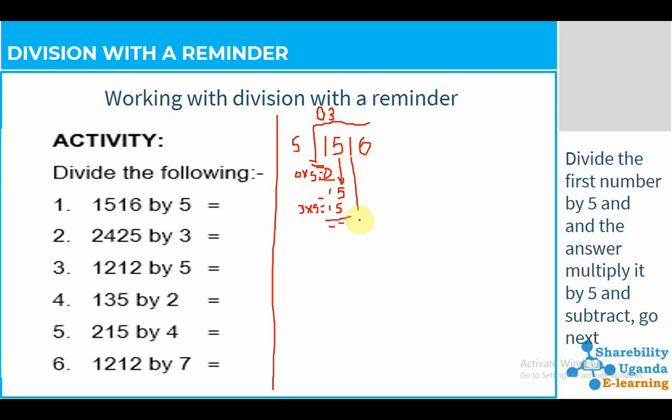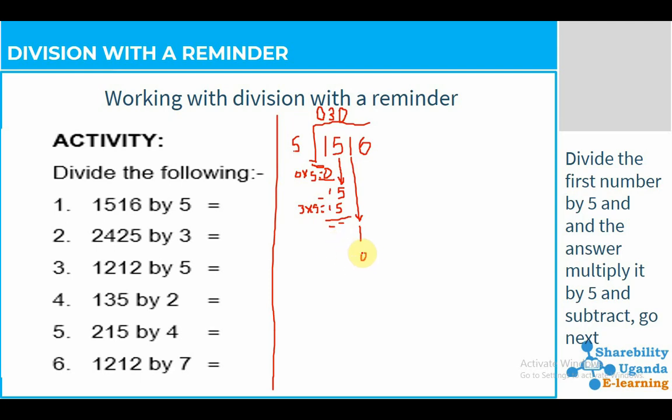We bring this 1 here to this side. We are remaining with our 1. So we say 1 divided by 5. Of course, this is impossible. We write a 0. After writing a 0, we say 0 times 5, like we did here. So we say 0 times 5, we shall be able to get a 0 here.